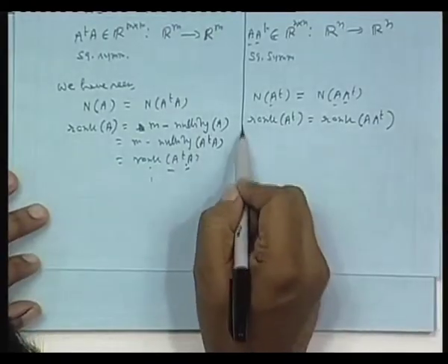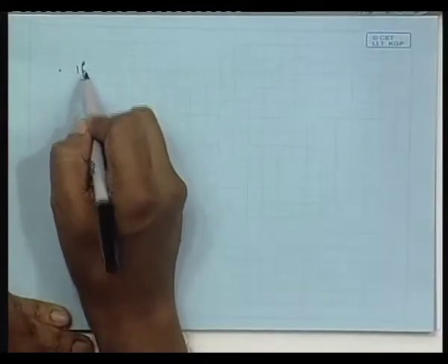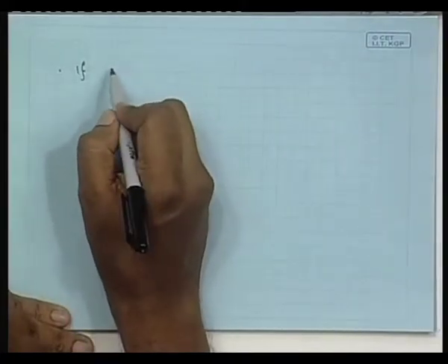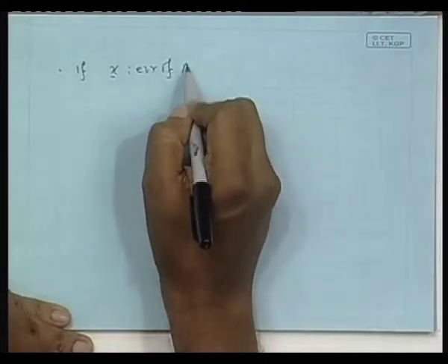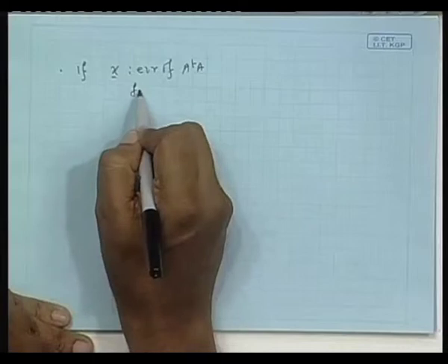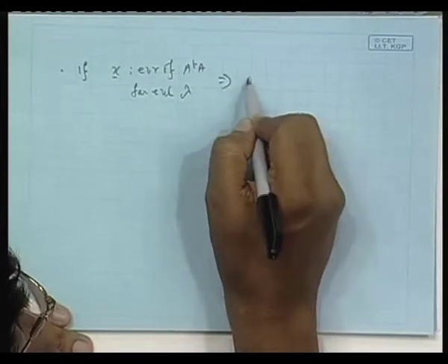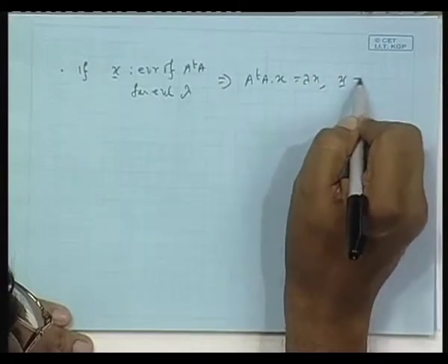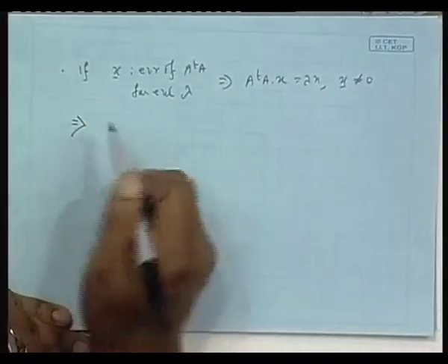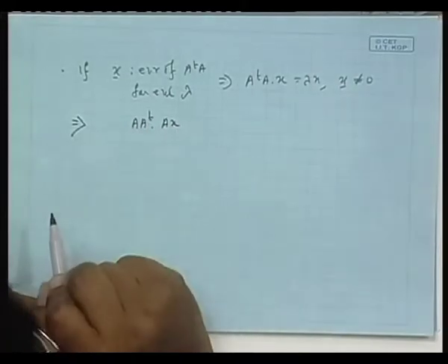Now, suppose I prove some basic results. If x is an eigenvector of, say, A transpose A for eigenvalue lambda, meaning A transpose A x equals lambda x and x is not equal to 0, then consider the vector A x.